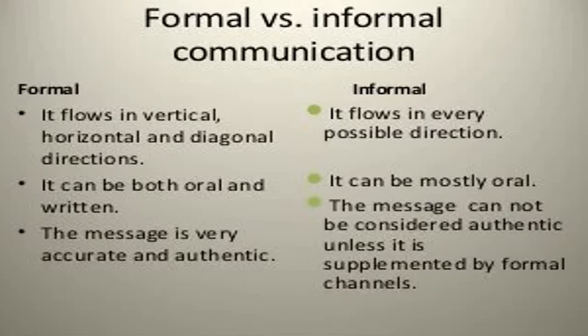For example, if the HR manager is talking to his subordinate, the HR executive, giving him some job or asking for some report, then that communication is called formal communication.